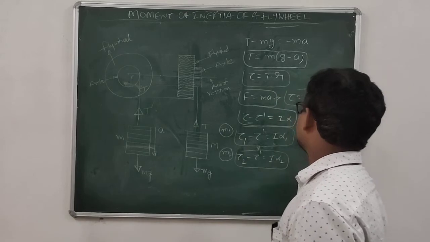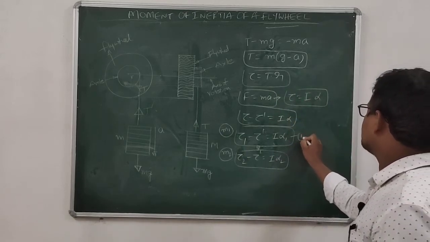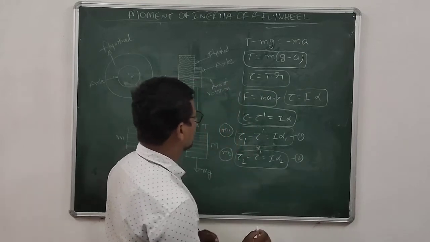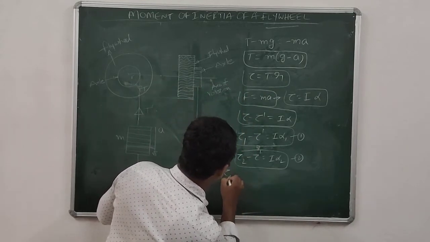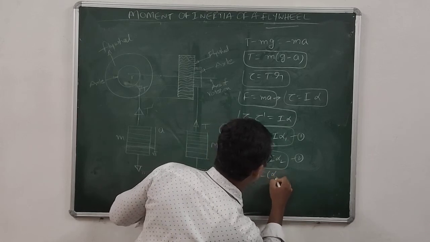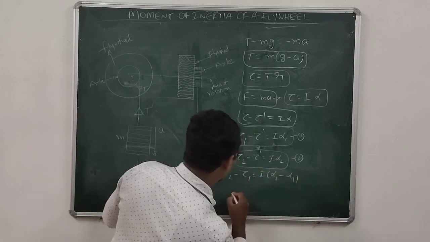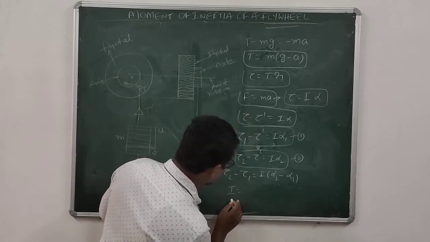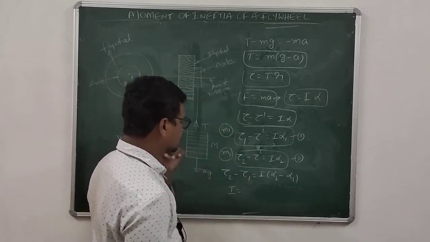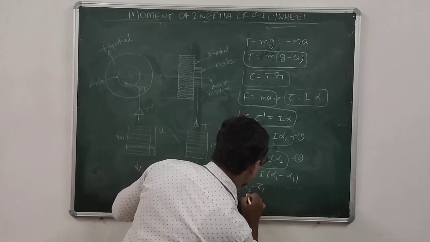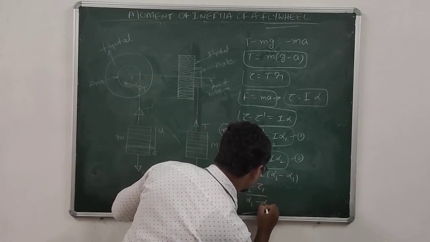This is equation 1, and this is equation 2. Subtracting equation 1 from equation 2, tau 2 minus tau 1 equal to I of alpha 2 minus alpha 1. From this, I equal to tau 2 minus tau 1 by alpha 2 minus alpha 1.